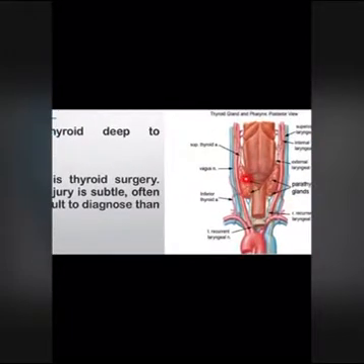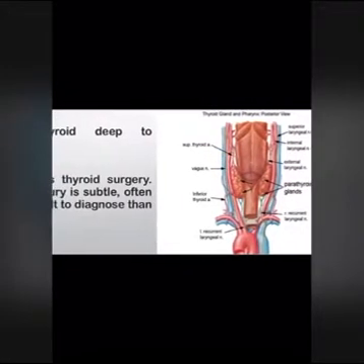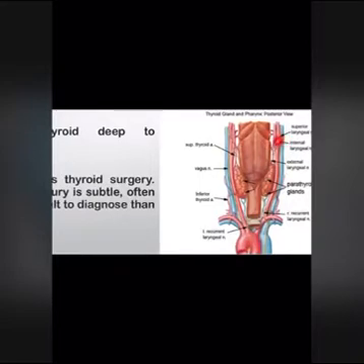On this picture you can see the vagus nerve, and the internal laryngeal nerve passes deep to the superior thyroid artery. This is the superior thyroid artery, and this is the internal laryngeal nerve.